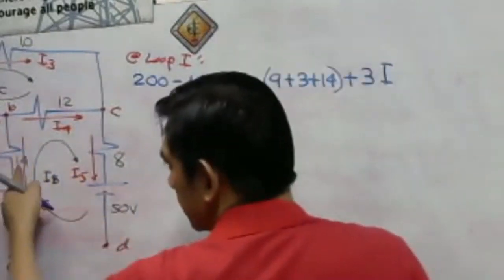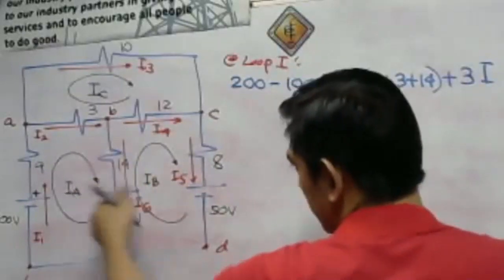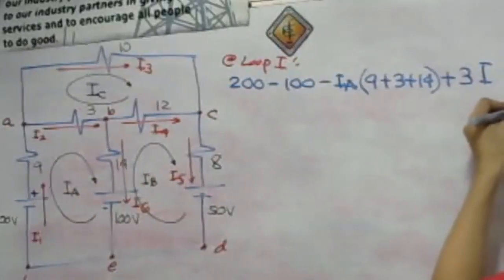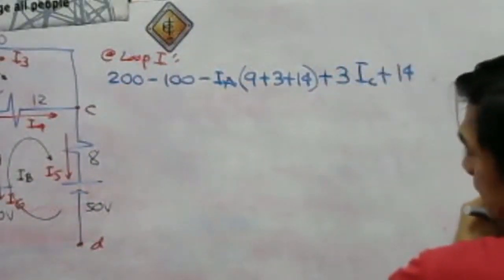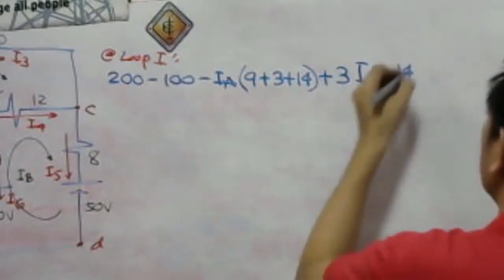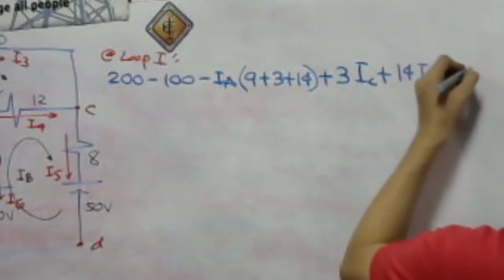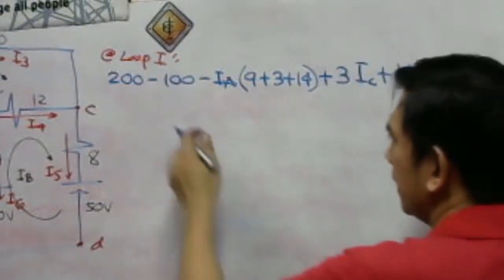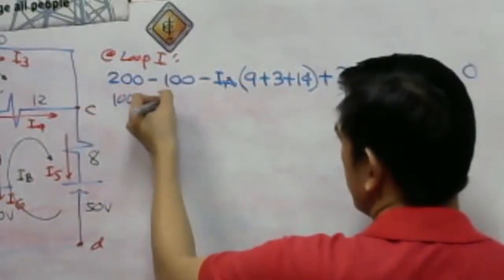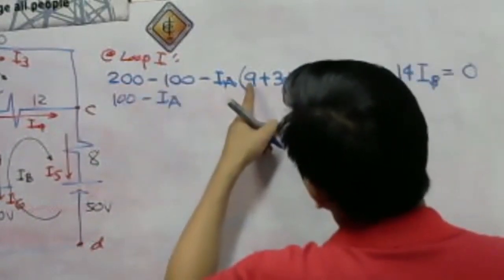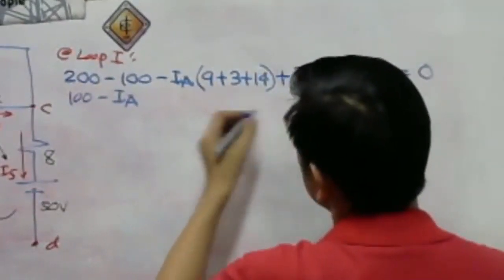What about now for the 14 ohm common resistor that is common to loop 1 and loop 2? So we have here plus 14 I sub B, that is equal to 0. Let us simplify. 200 minus 100, so we have here 100. So minus IA multiplied by 9, 10, 11, 12, so 12 plus 14, that is 26.